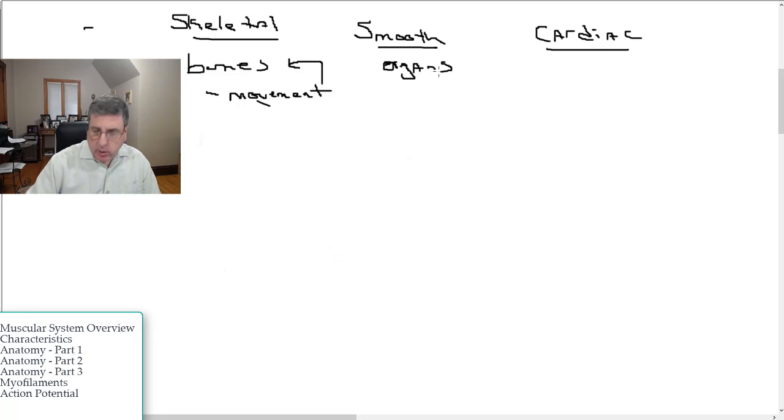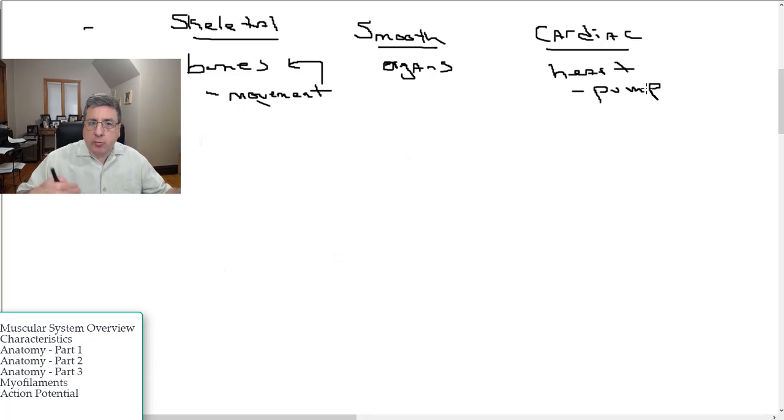Cardiac muscle is going to be associated with the heart, and this is basically a pump, and it pumps blood throughout the body. So it pumps blood into the blood vessels. Blood vessels are made up of smooth muscle, and that allows for the regulation of fluid throughout the body. So those are your basic three categories of muscle.